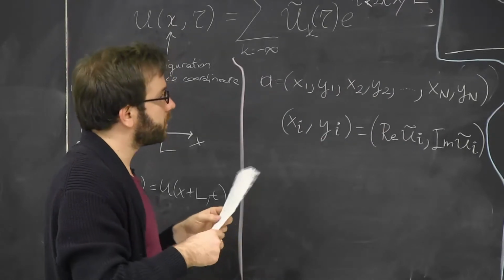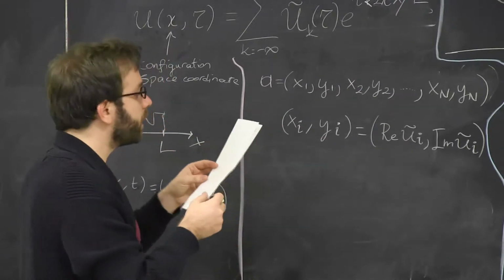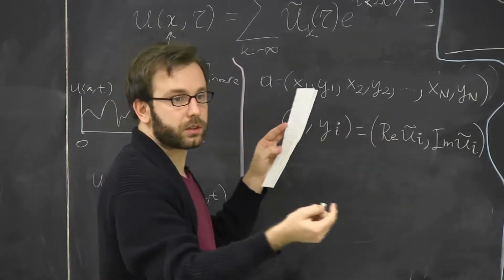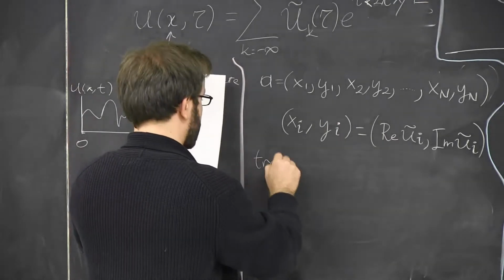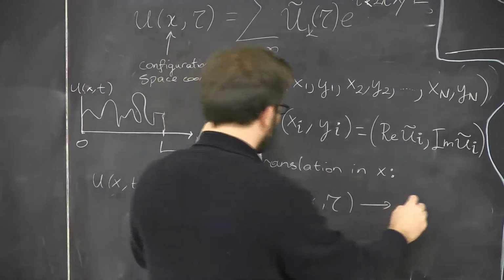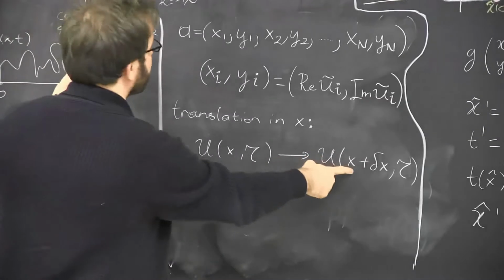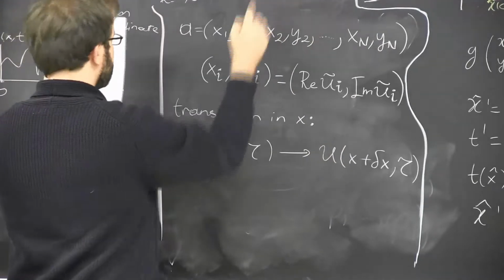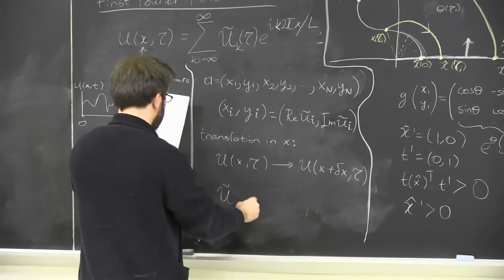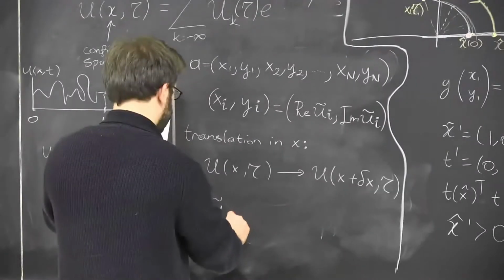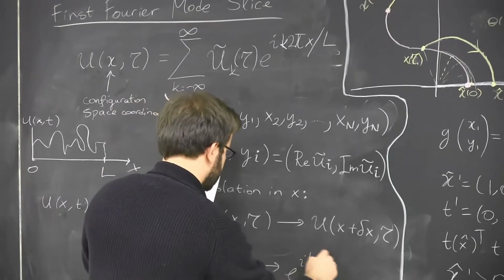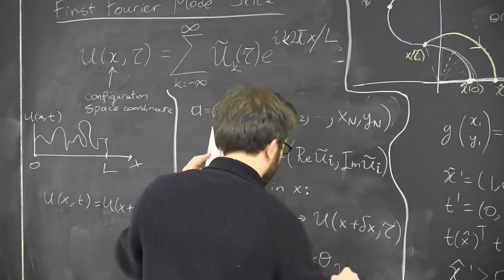So then this will be a translation symmetry, and the translation symmetry will look like a rotation in the Fourier modes. If I make a transformation like this, then this transformation, by the definition here, becomes multiplication by a complex phase for Fourier modes.